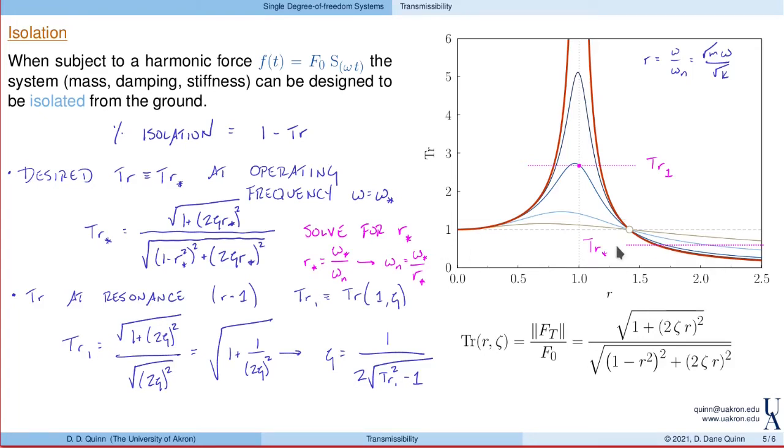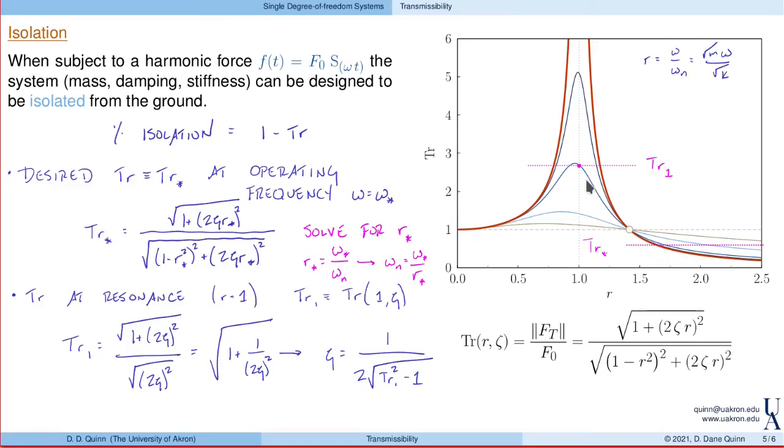Now, one interesting aspect of all this is that, in a sense, these two design goals are sort of competing. If we want to minimize the transmissibility at some operating speed, that implies that we want to be as low as possible out here. We see that that actually requires low damping. As the damping decreases, then the transmissibility for large values of R decreases.